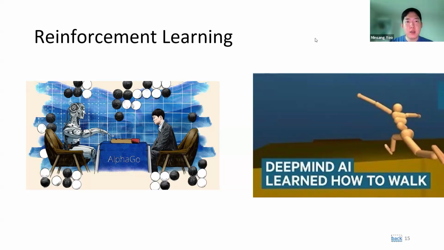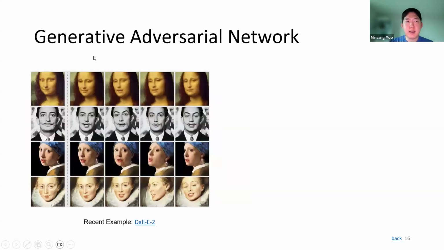Okay, and then next slide. Generative adversarial network. We provide data and it generates other images.